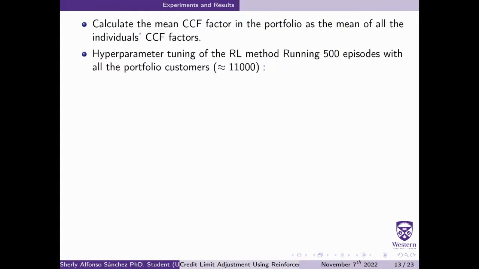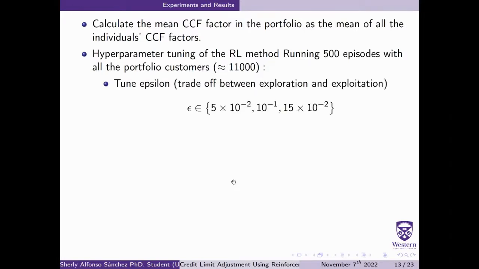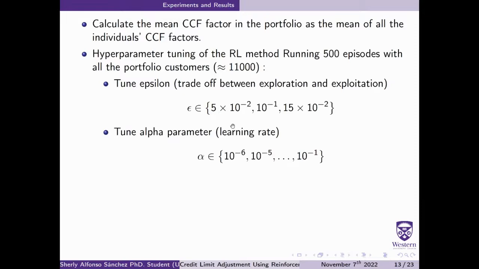And also we perform a hyperparameter search of the hyperparameters of the reinforcement learning algorithm, namely we tune epsilon, which represents the trade-off between exploration and exploitation, and also the alpha parameter, which is our learning rate.